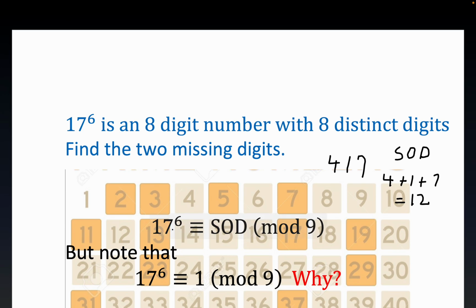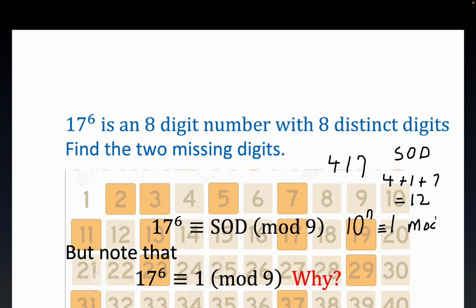It turns out that any number, not just 17 to the 6th, is congruent to the sum of its digits mod 9. Now I won't go through a proof of that, but it follows almost immediately from the fact that 10 raised to the n power, where n is any non-negative integer, is always going to be congruent to 1 mod 9. That's very easy to see.